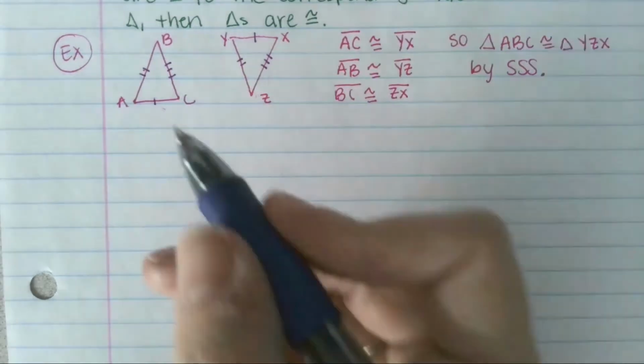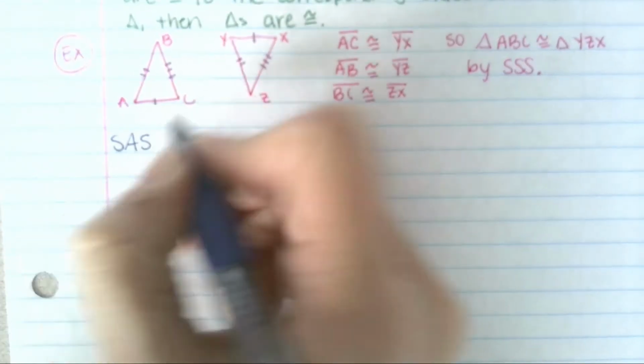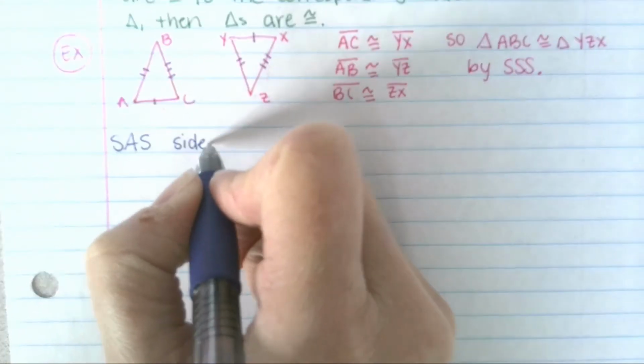The second theorem is SAS, which is going to stand for side, angle, side.